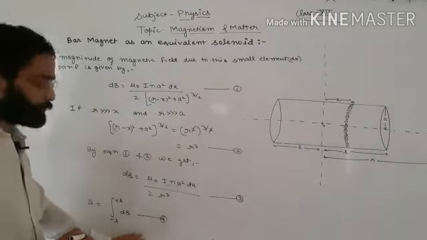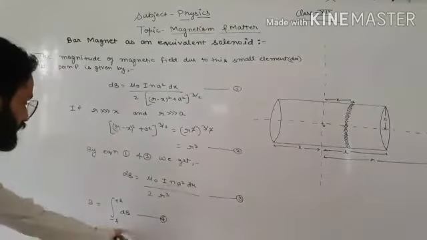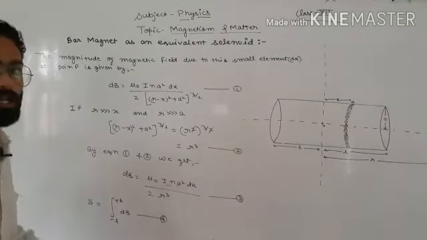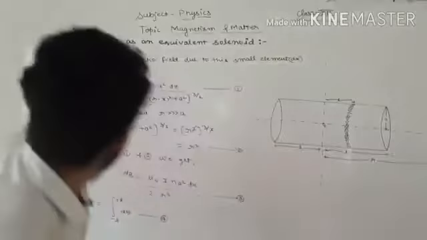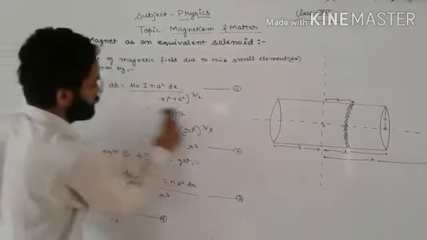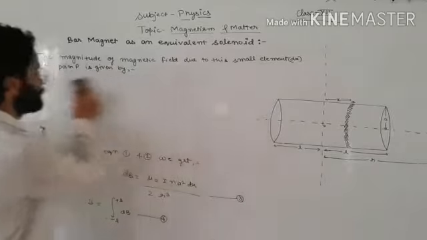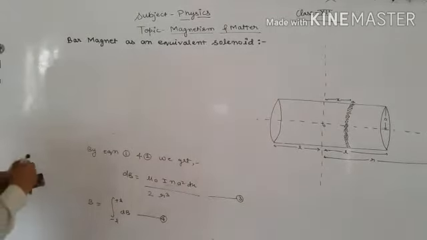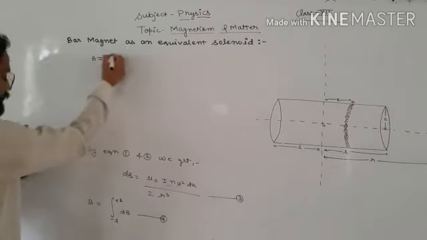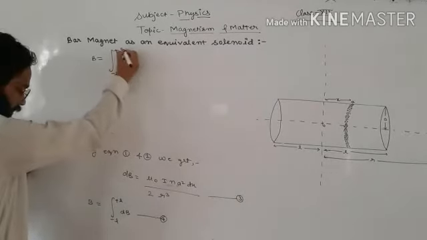Okay, you are getting this point. So by equation 3 and 4 we are just putting the value here. We get that B is equal to integral from minus L to plus L of dB. What is the value of dB?